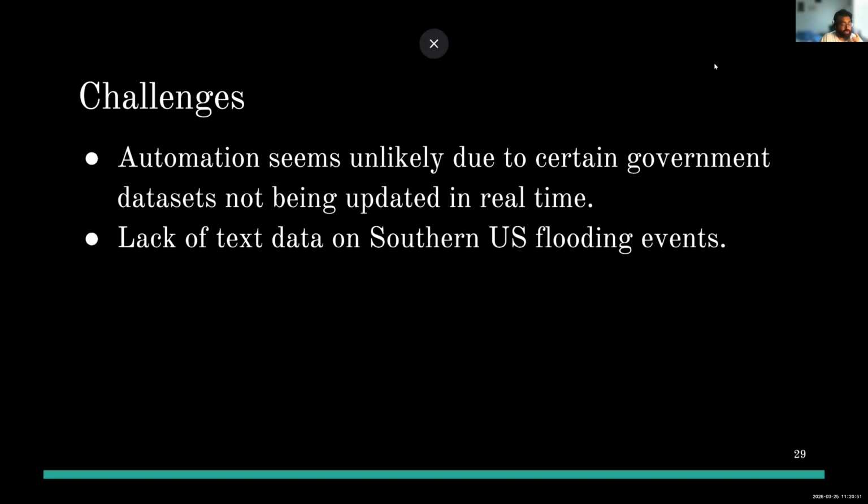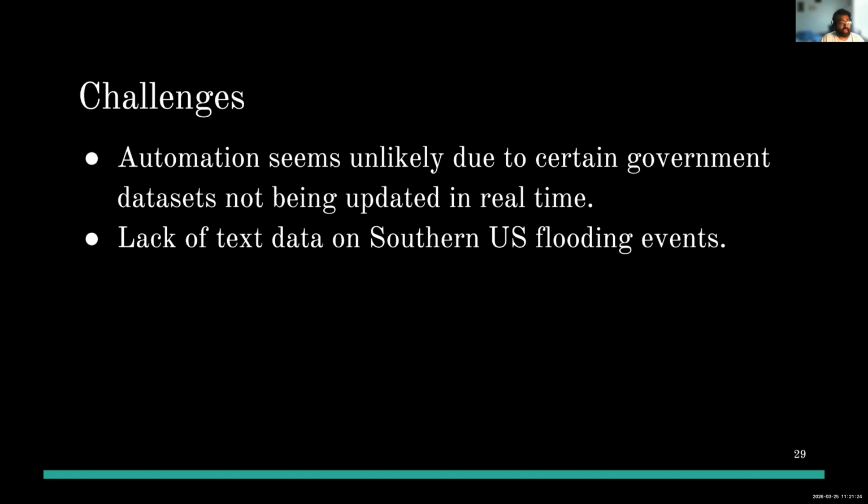Some of the challenges that I faced during the creation of this project is that automation is going to be unlikely as a one-person team, at least, due to most of the government data sets not being updated in real time. There's simply no way for me to get real-time weather data without paying an exorbitant fee.